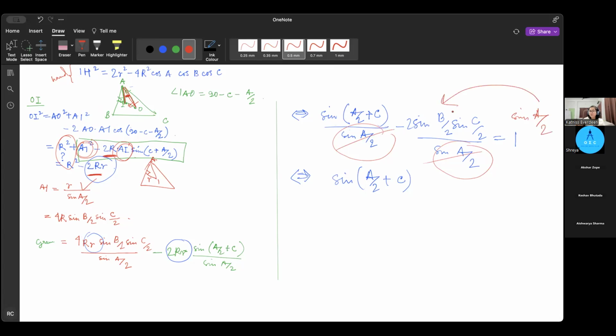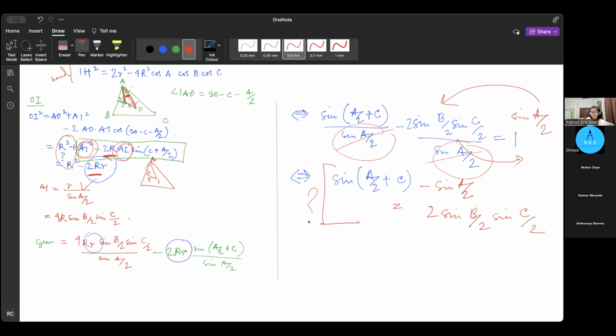We'll bring this A by 2 to this side and this to this side. So what do we finally have? Minus sine A by 2 is equal to 2 sine B by 2 sine C by 2.